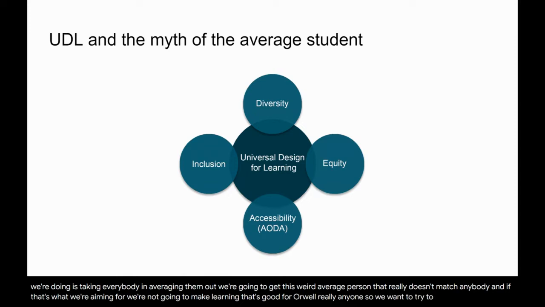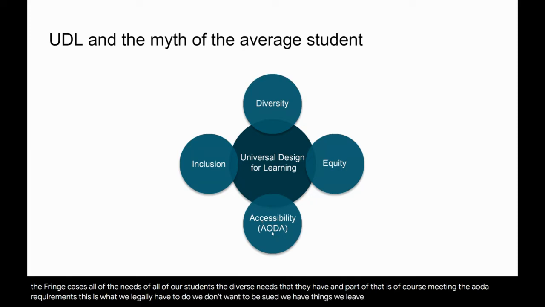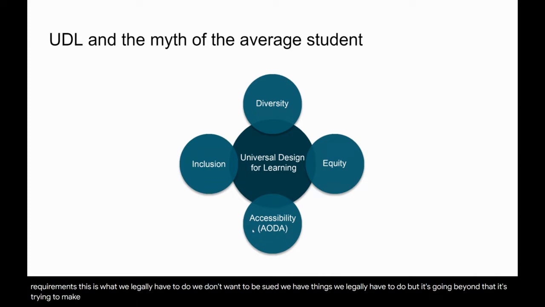So we want to try to account for all the fringe cases, all of the needs of all of our students, the diverse needs that they have. And part of that is, of course, meeting the AODA requirements. This is what we legally have to do. We don't want to be sued. We have things we legally have to do, but it's going beyond that. It's trying to make sure we meet the needs of our diverse population.